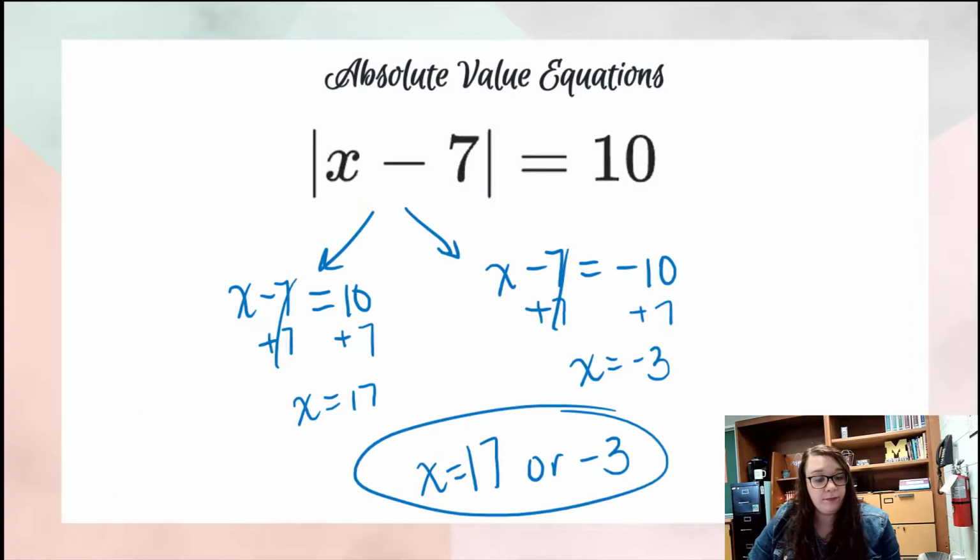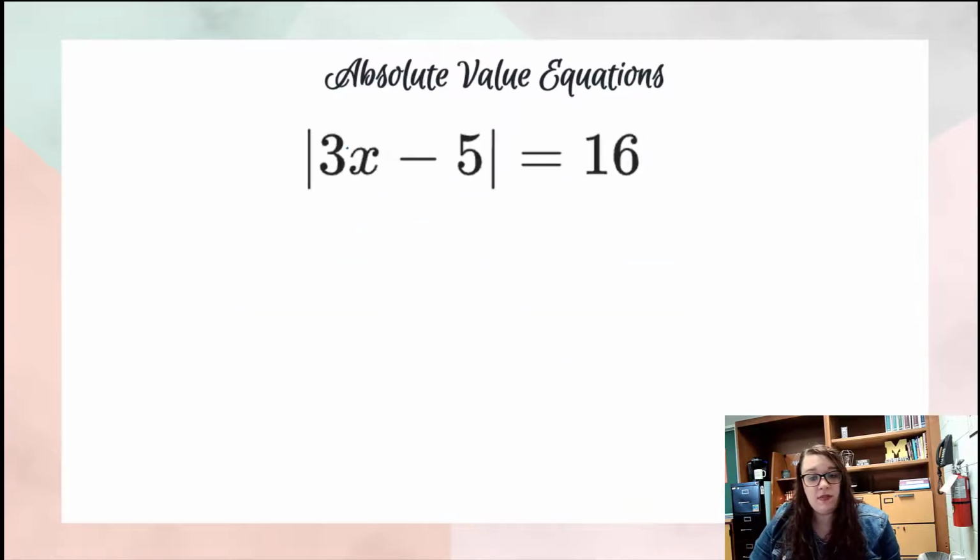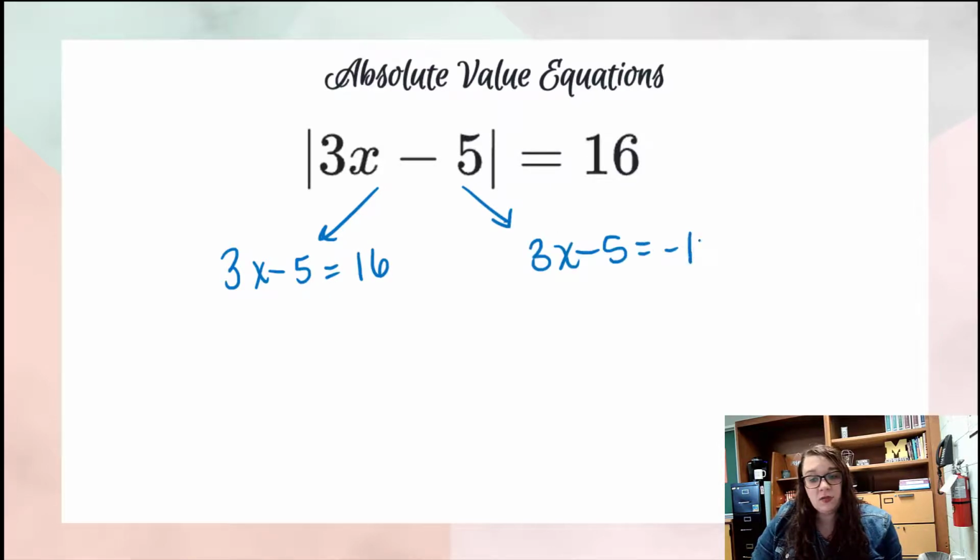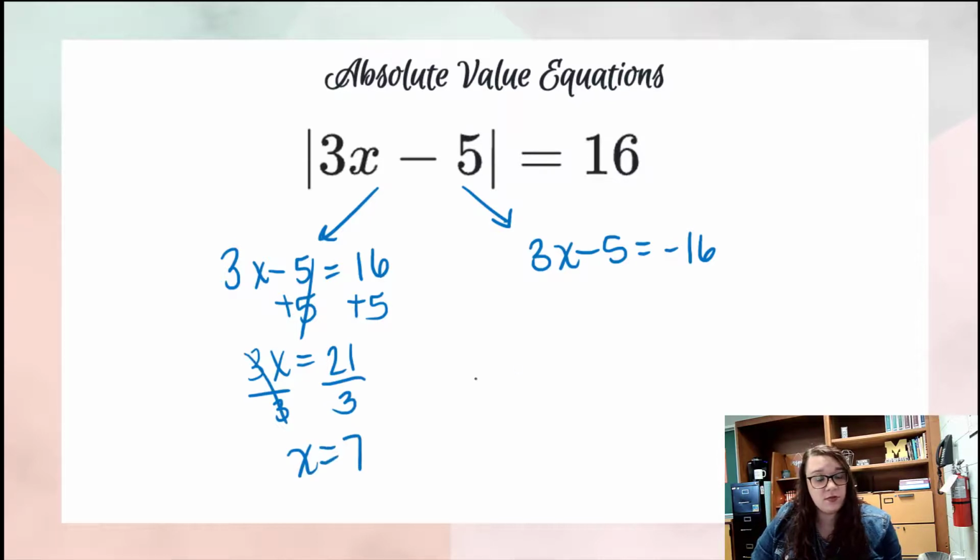Let's try another. This one, the absolute value is by itself. So what's on the inside, 3x minus 5, either equals the positive 16 or 3x minus 5 equals the -16. This one on the left I can solve for. It's got 2 steps. We'll add 5 first, and then we'll divide by 3 to get 7 for the first one.